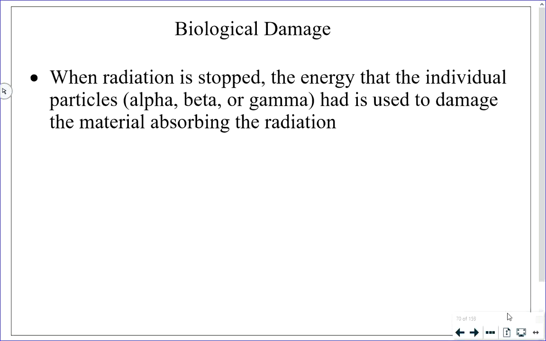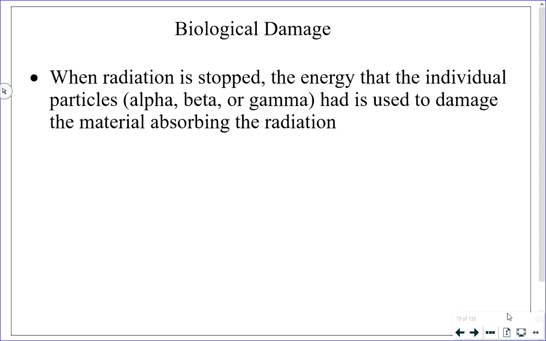In terms of biological damage, when you stop radiation, the reason why biological damage takes place is because the cells that do the stopping absorb the energy that the radiation had. I mean, if a car is suddenly stopped by hitting a concrete barrier in a test run for seat belts or airbags, that energy goes somewhere.